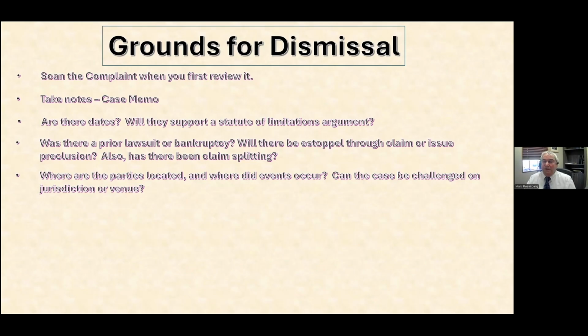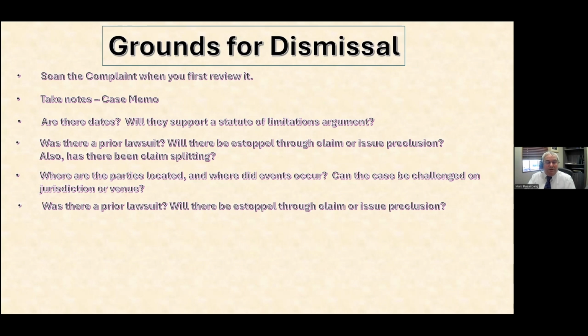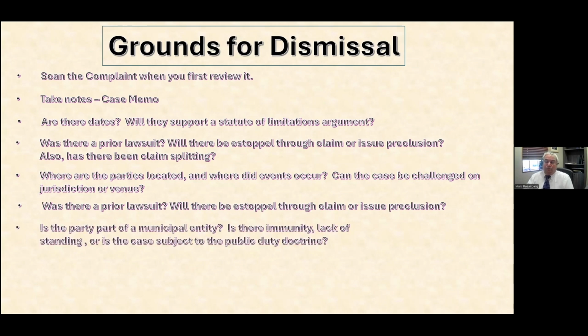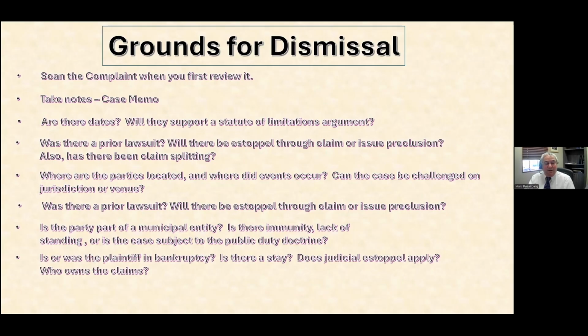Or if a property is located in King County, let's say, and you live in Snohomish County, well, perhaps the lawsuit is in an incorrect venue or incorrect jurisdiction. This is if there's a municipal entity or immunity or things like that, that may or may not happen.